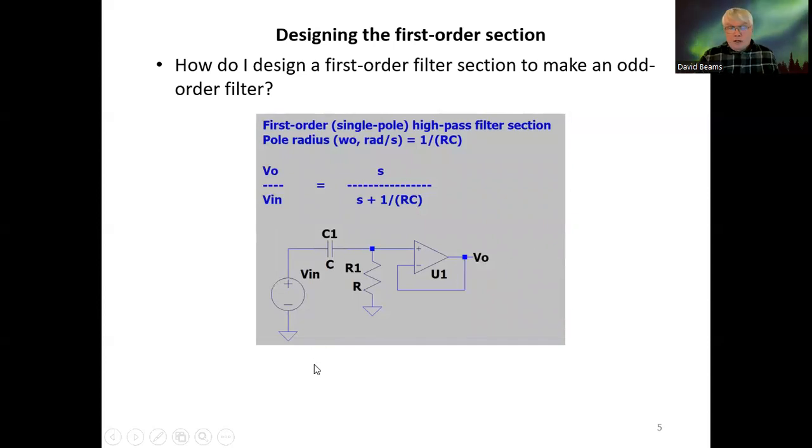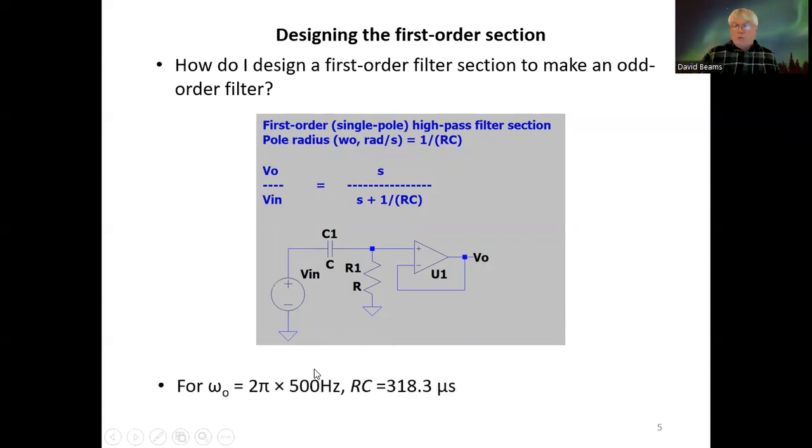And for a pole radius of 2 pi times 500 hertz, which is actually in radians per second, I need a time constant of 318.3 microseconds.